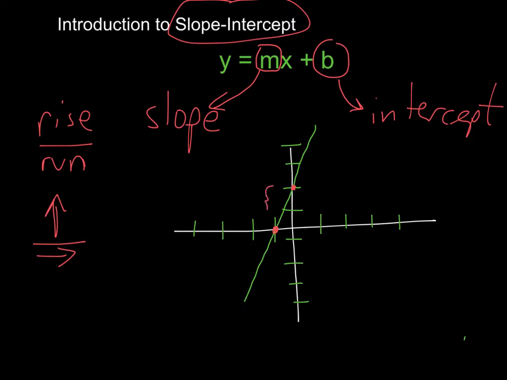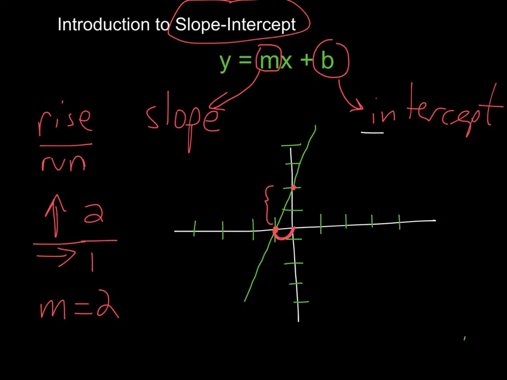How high does it go? It goes up 2. How far over does it go? It just goes over 1. So my slope, 2 divided by 1, is just 2. Now what about this intercept?